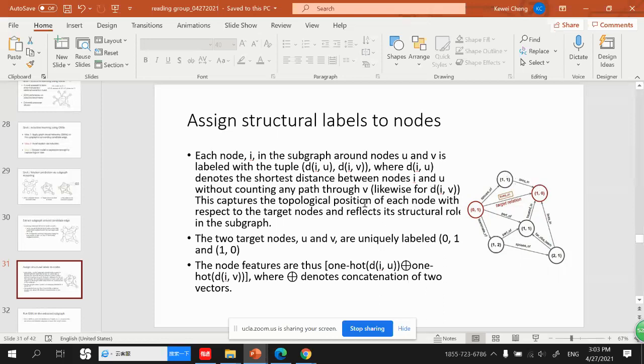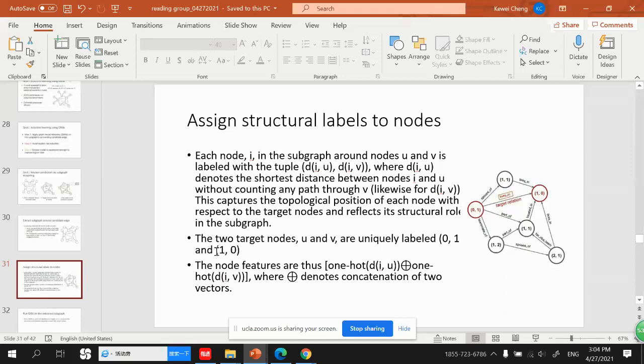And then, as we just discussed, instead of using the sum of the tuple to construct the label, this paper will concatenate the tuple in order to construct the node feature.